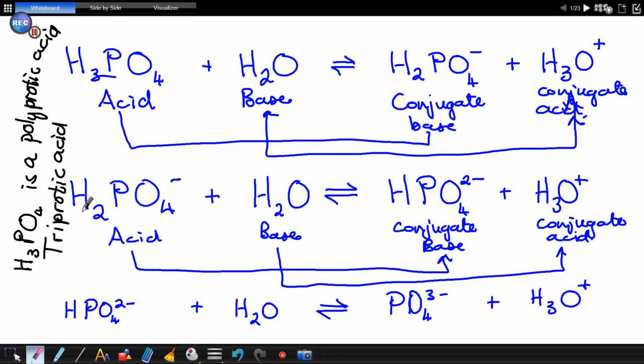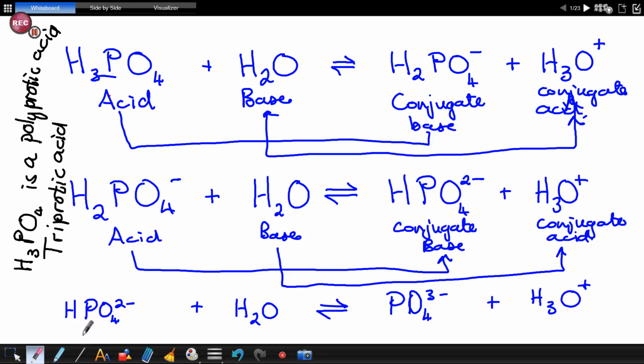Sorry, I wanted to ask, is this only in reversible reactions? Yes, conjugate acid-base pairs are present in reversible reactions. So together they are called a conjugate acid-base pair.